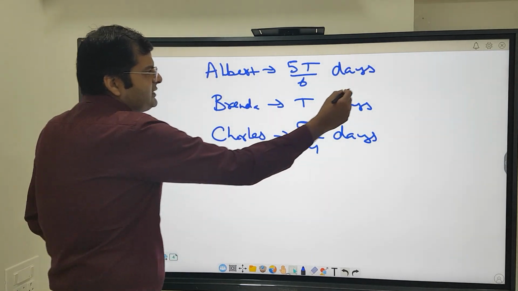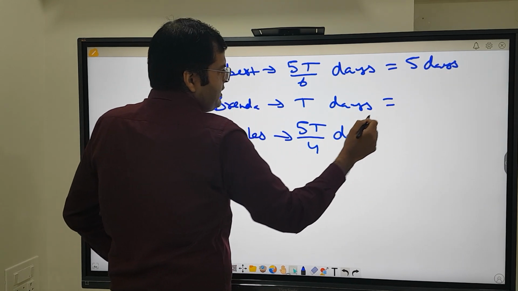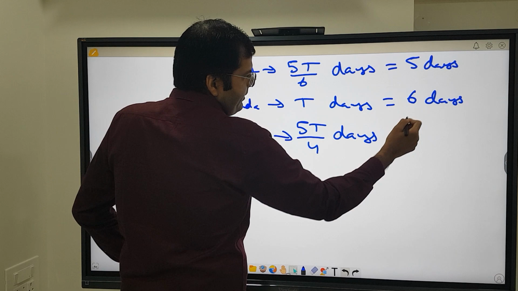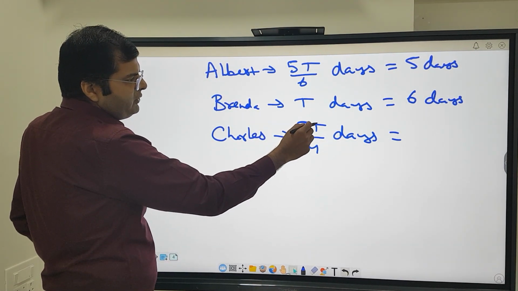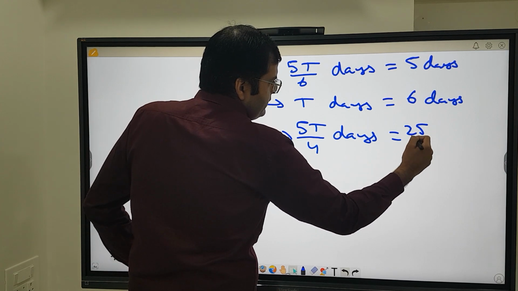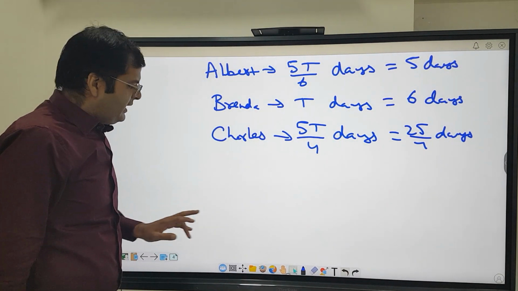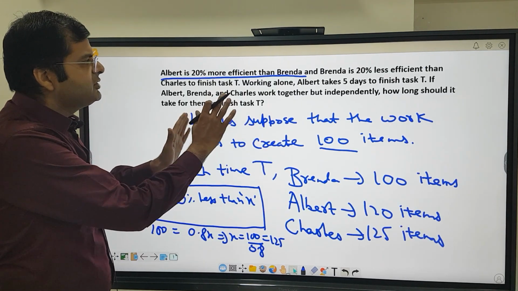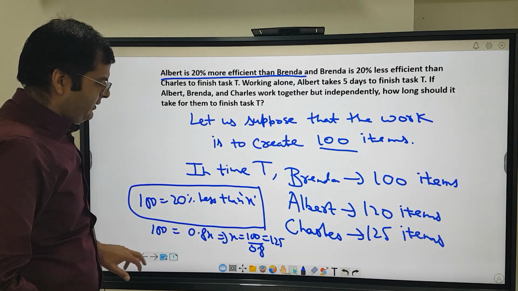So if T is 6, I will just plug in the numbers. Albert takes 5 days to finish this task working alone. Brenda will take 6 days. Charles will take 5 into 5, 25 by 4 days to finish the task working alone. I have explained everything in detail so that you understand the concept of efficiency and how it relates to the time taken.